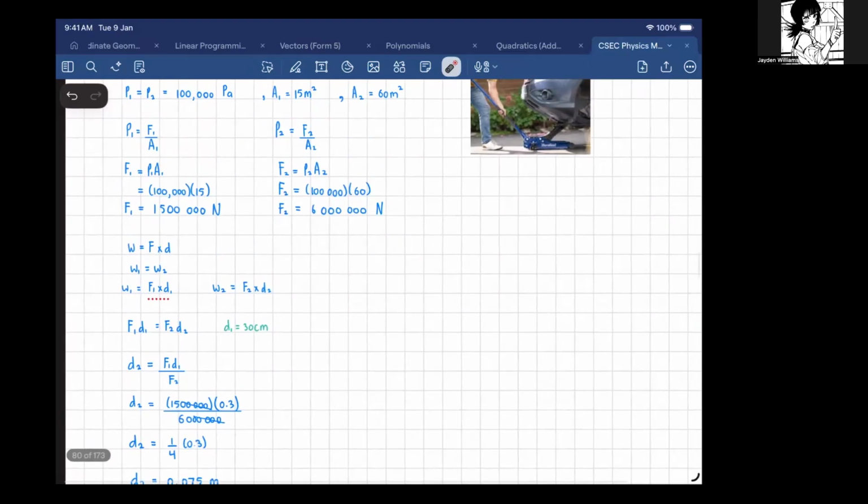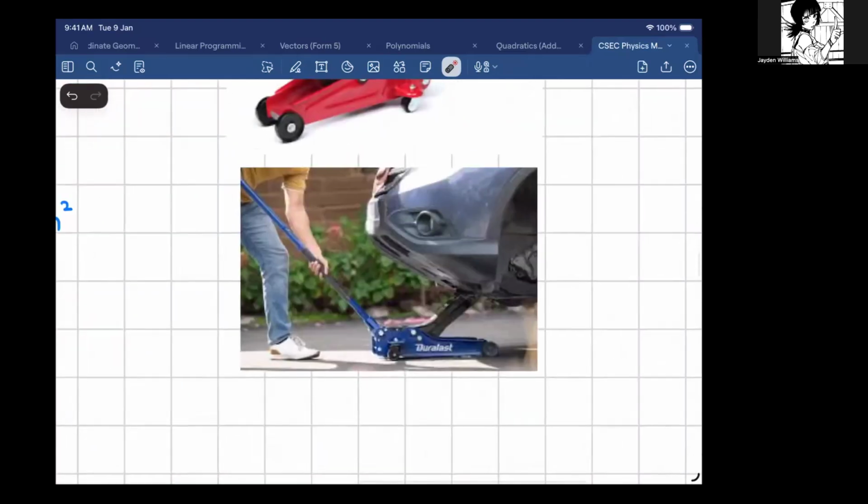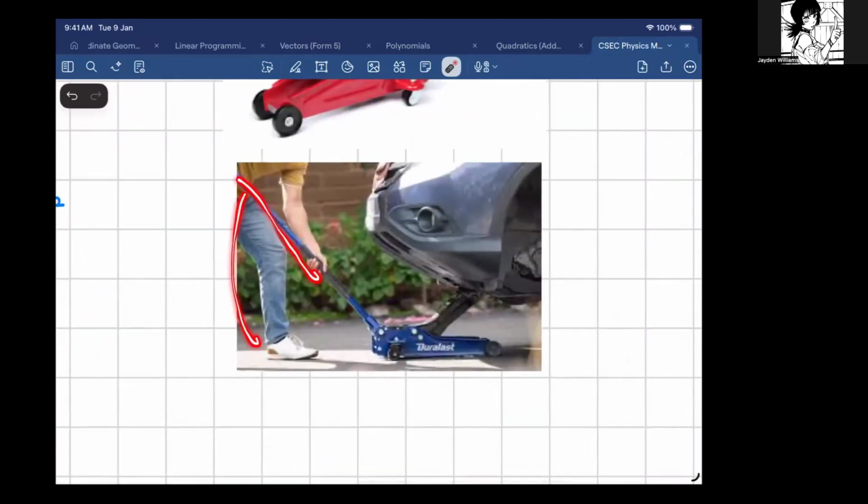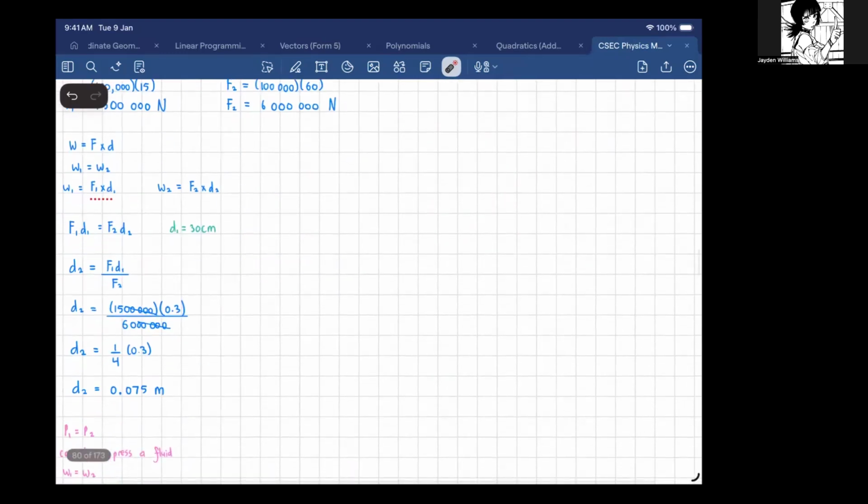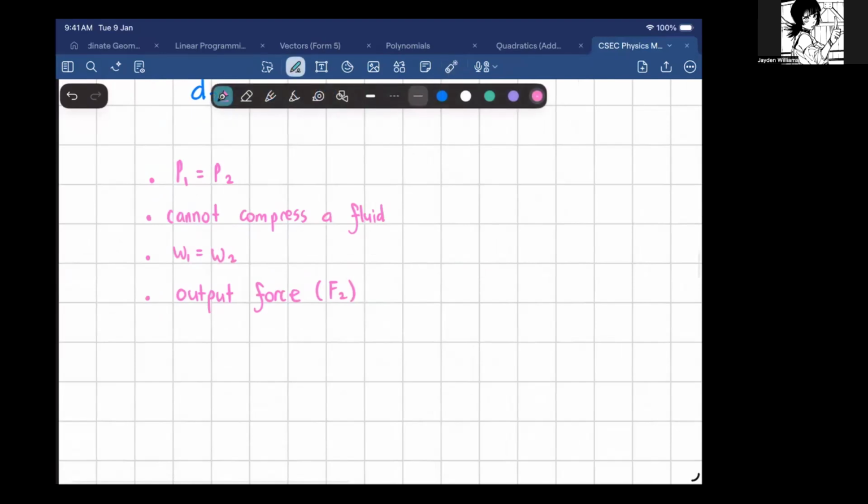Remember, the output is the force you're getting, like in this case, right? This will be the input section, and this will be the output section. Yeah, I think you understand that. I just keep mixing it up. I understand those. So the output force needs to be more than the input force. That's what will happen.